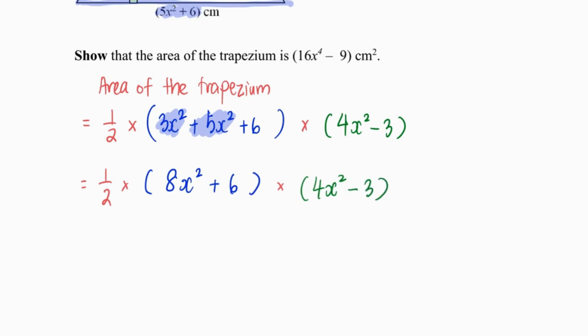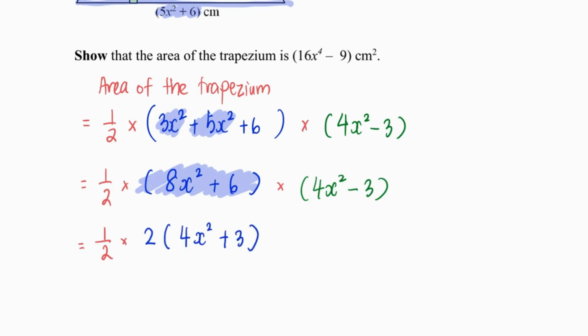And at this time, this is a trick or manipulation that I'm going to do. I am going to take out a common factor here for my 8x squared plus 6. I realize that 8 and 6 has a common factor of 2. So I'm going to take it out and I'm left with 4x squared plus 3.